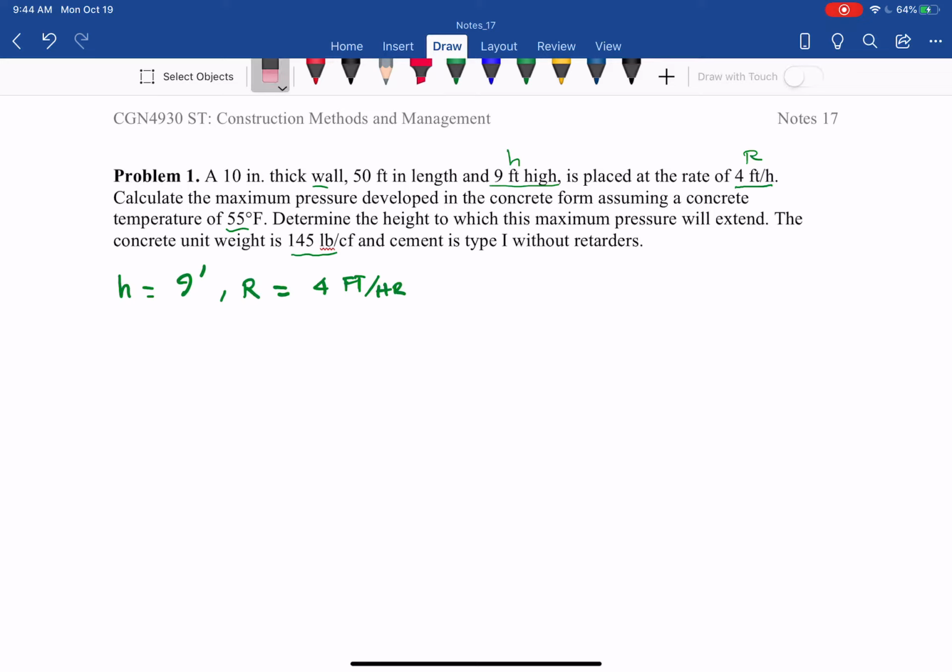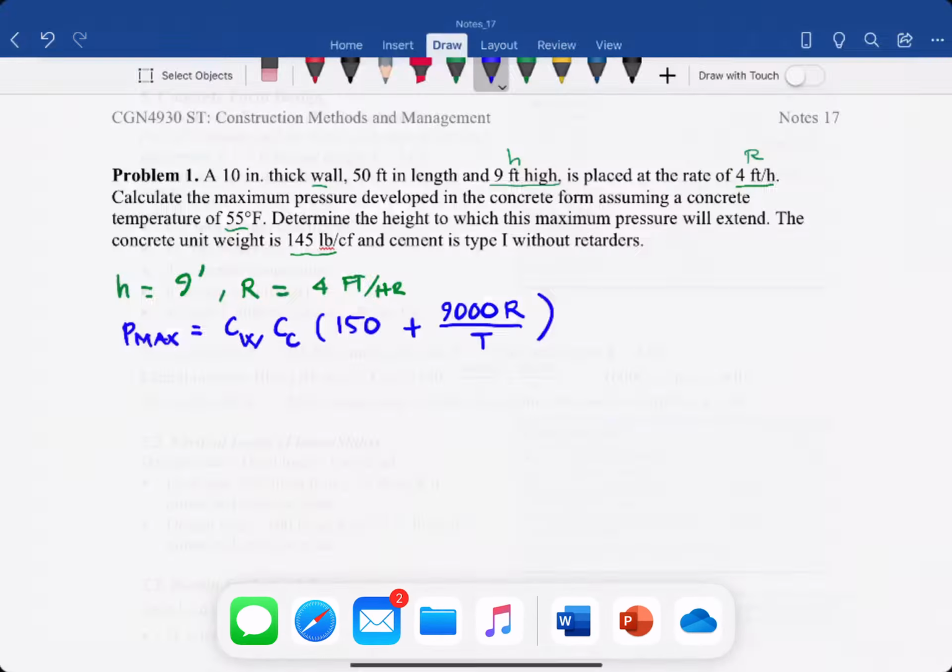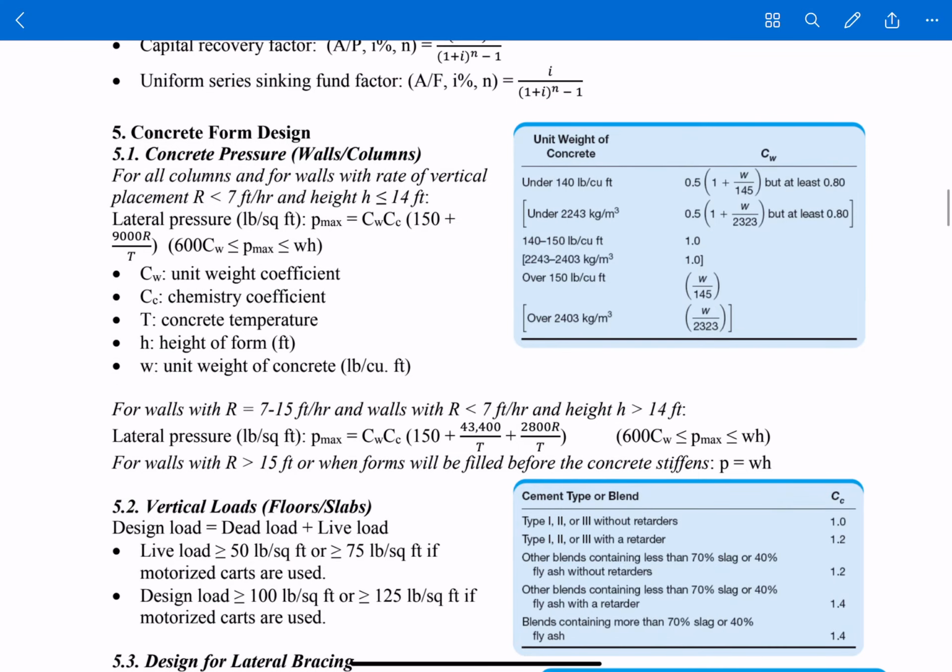So from that we can apply the equation: the maximum pressure on the concrete, P max, equals CW times CC times (150 plus 9,000 R over T), and you can use that in your reference here.